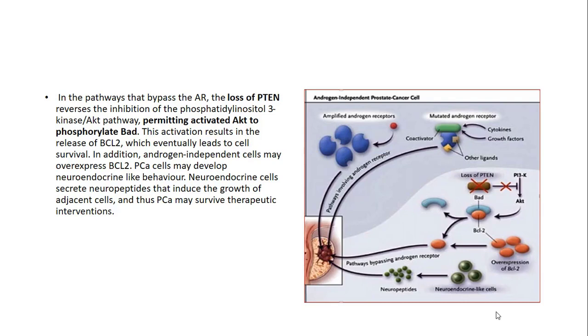In addition, androgen independent cells may overexpress BCL2. Prostate cancer cells may develop neuroendocrine-like behavior. Neuroendocrine cells secrete neuropeptides that induce the growth of adjacent cells, and thus prostate cancer may survive therapeutic intervention.